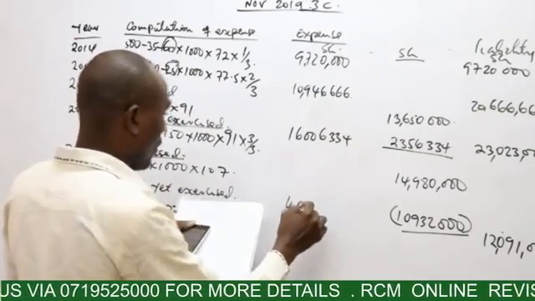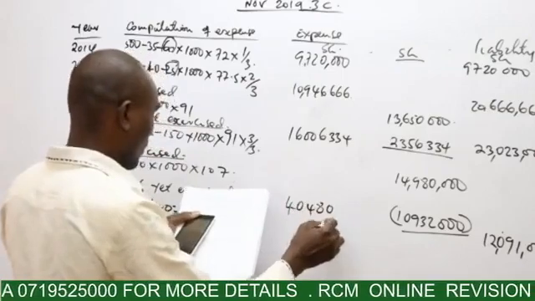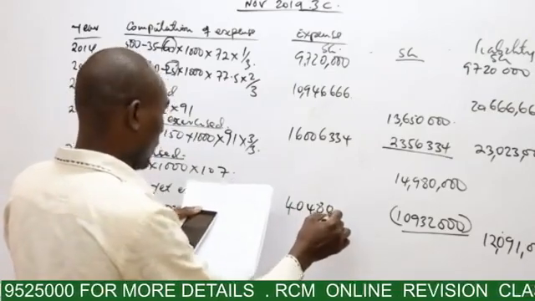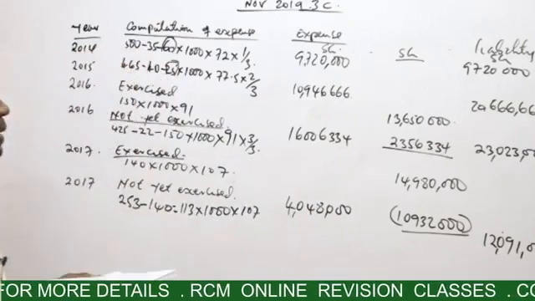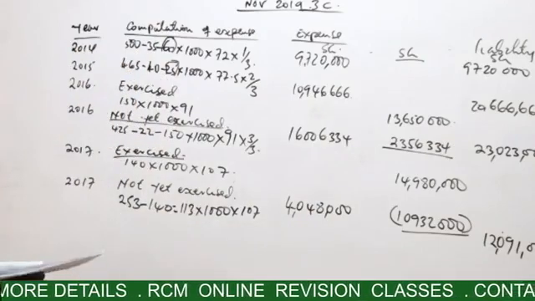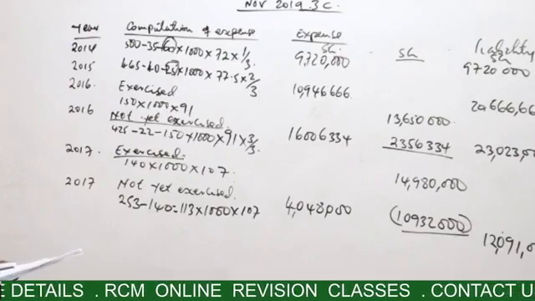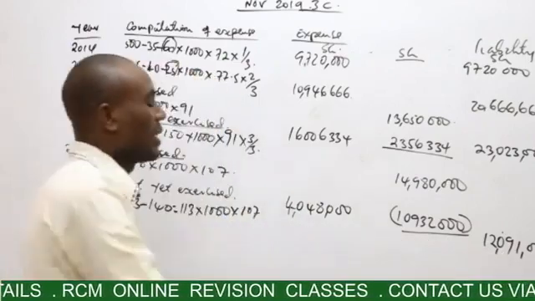Expense of 480. That is my expense in 2017. Expense in 2017. This is the liability in 2017.